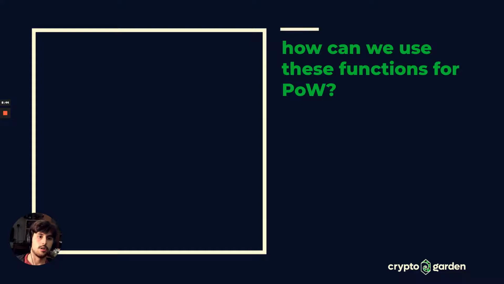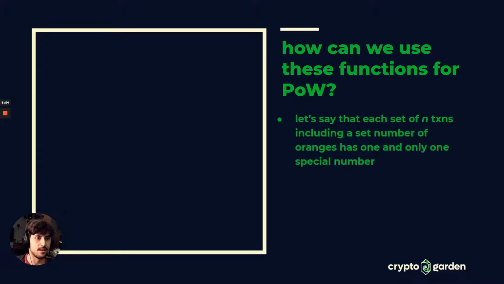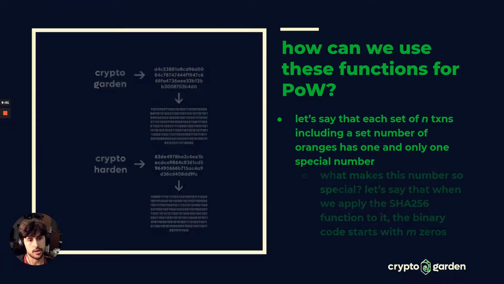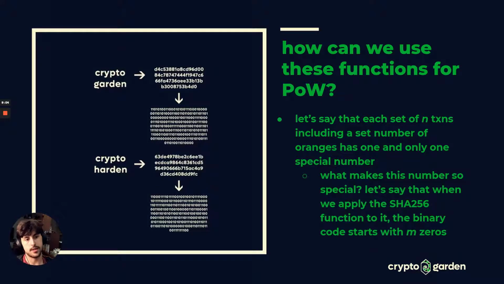So, how can you use these functions for proof of work? Here I put POW as an abbreviation. It's not prisoner of war, it's proof of work. Okay? So let's say that each set of n transactions, including a set number of oranges, has one and only one special number. What makes this number so special? Let's say that when we apply the SHA-256 function, which I did in this little diagram, you put CryptoGuard into SHA-256, it generates this value, and you convert it to binary, and you have this.